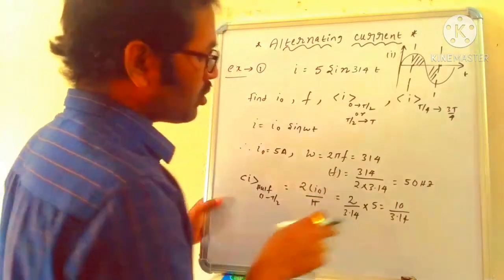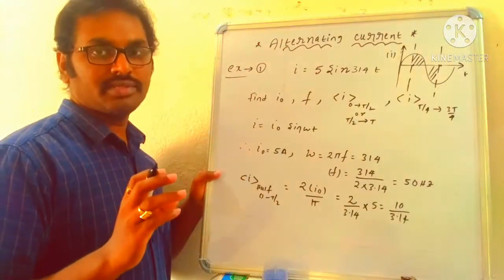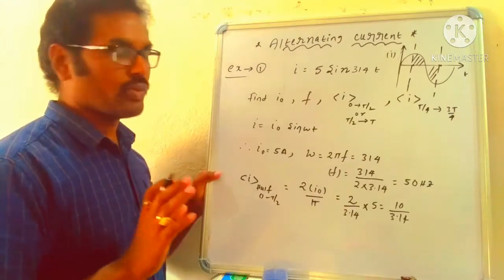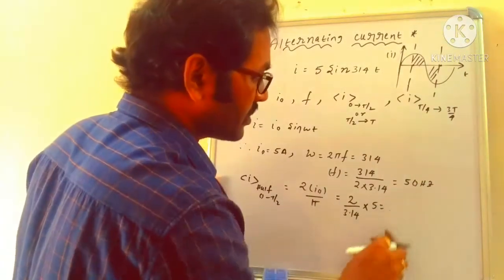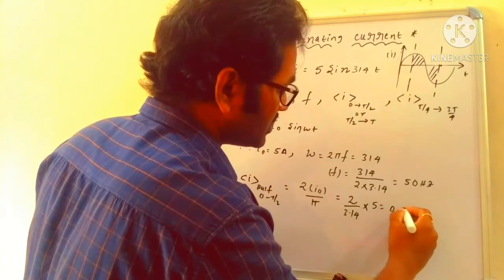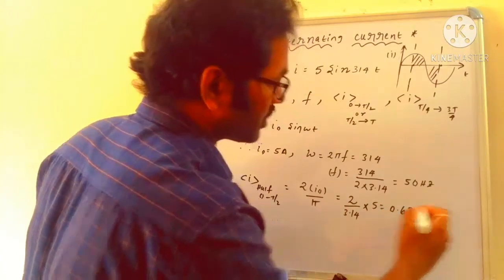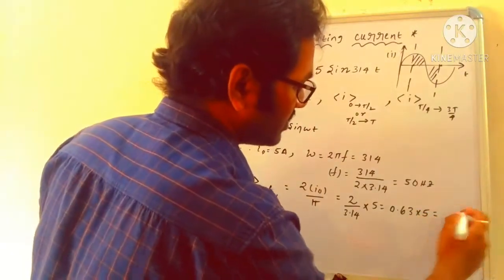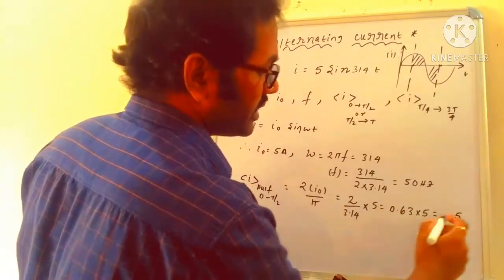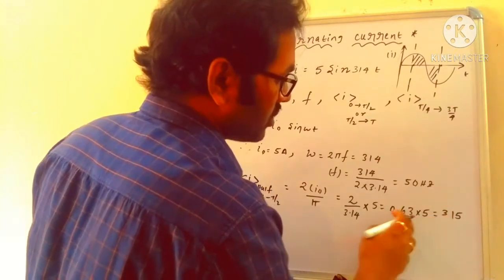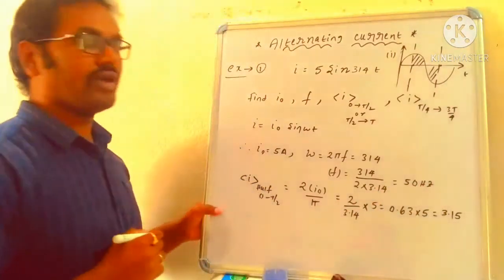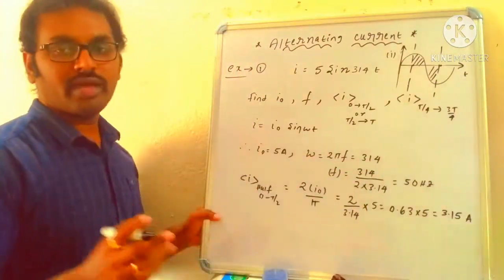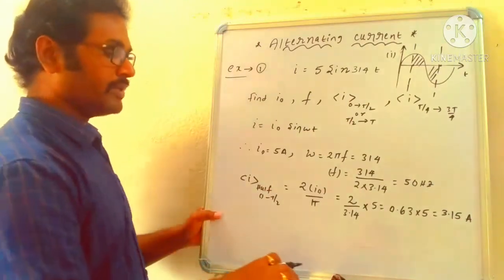Or else, we already know 2 by pi is 0.63. You get the average value as 63% of the peak value. So 2 by 3.14 is 0.63 into 5. If you multiply, you will get 3.15, so 3.15 ampere to 2 decimals. 0.63 into 5, you multiply, you will get about 3.14 ampere.